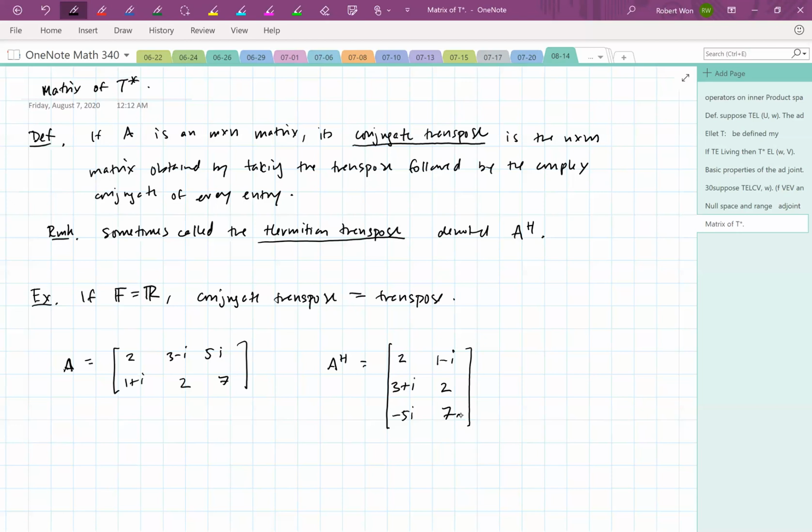Anyway, the question I want to ask is, what is the matrix of T star? The answer is, it depends on the basis of V and W. That was a trick question.